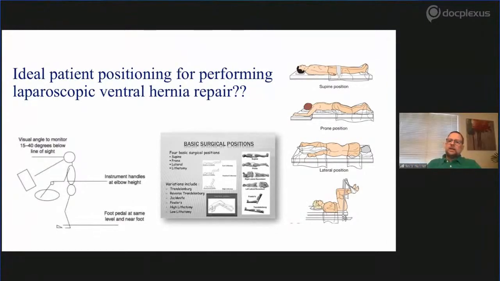Following that position, I use what we call here a flex position. I put the flex of the table at the hip level of the patient, so it breaks down. That increases the distance between the anterior superior iliac spine and the rib cage. That distance can be small, and when you flex the patient, that distance becomes wider.